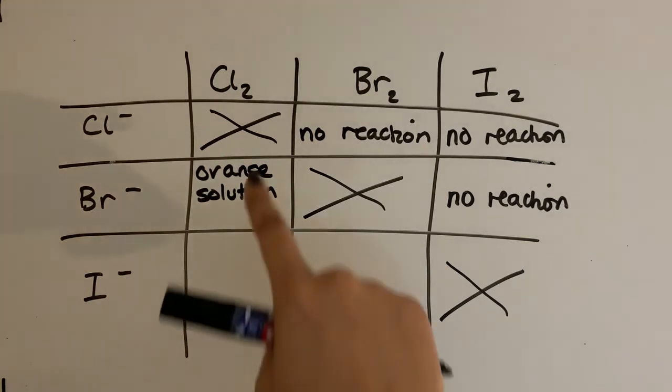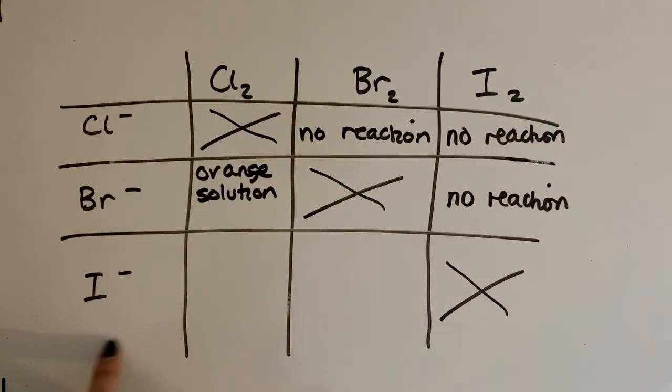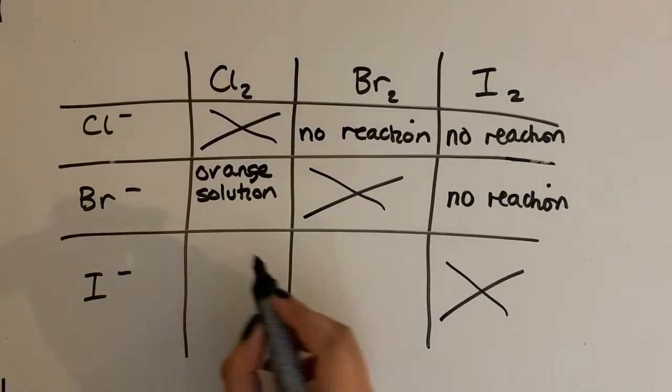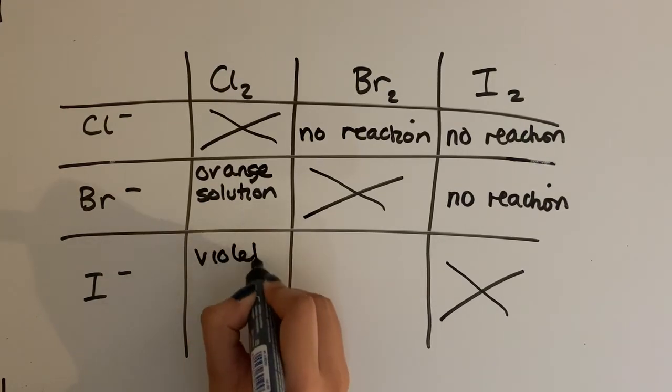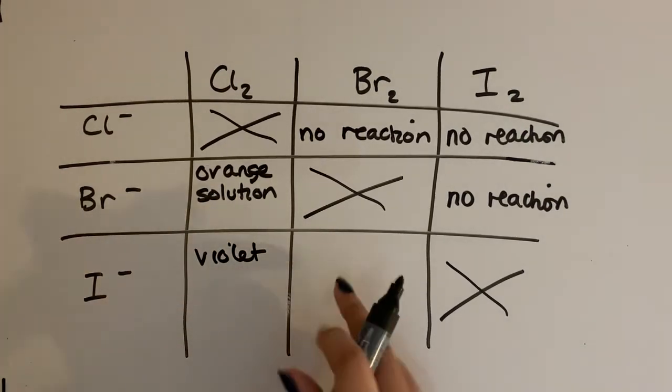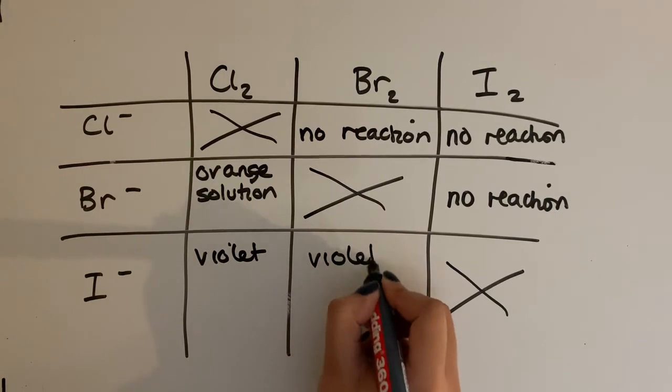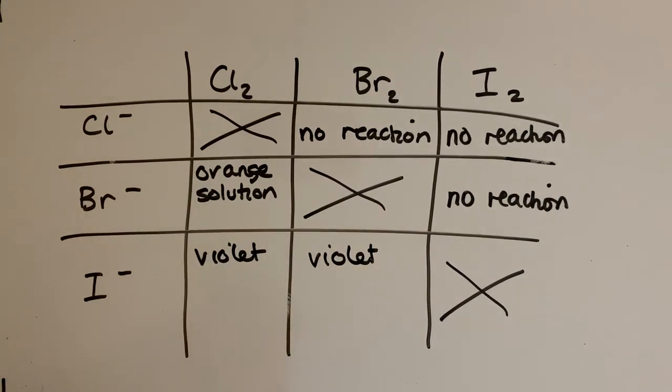When we add chlorine to something iodide, chlorine is more reactive, so it will kick out iodine, and therefore you should see a reaction. It is going to form an orange solution first, but when we add cyclohexane, we should then observe a violet colour change. The same thing happens for this one as well, because bromine can displace iodine like that.